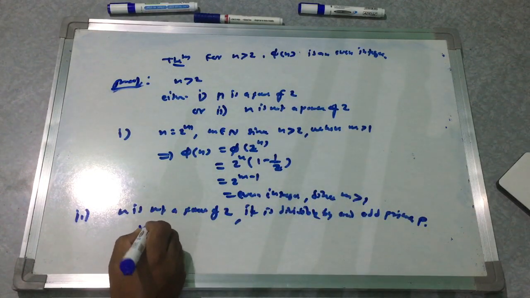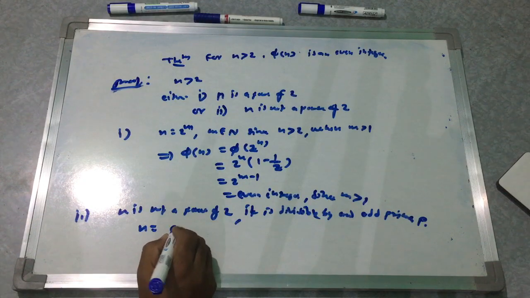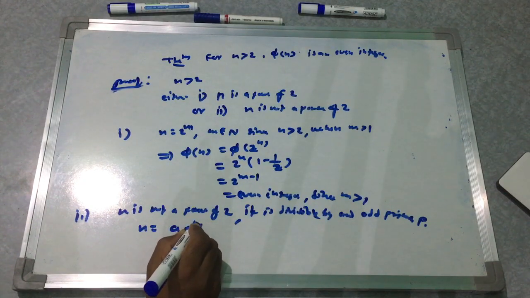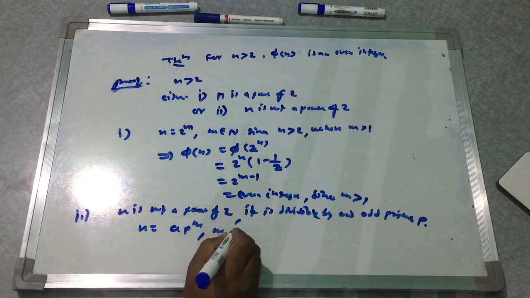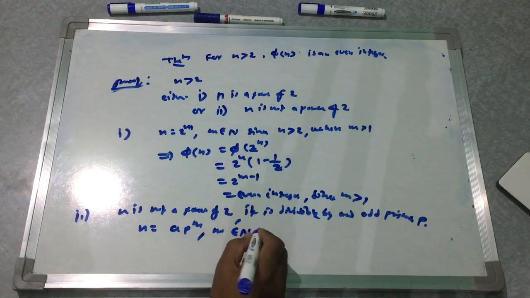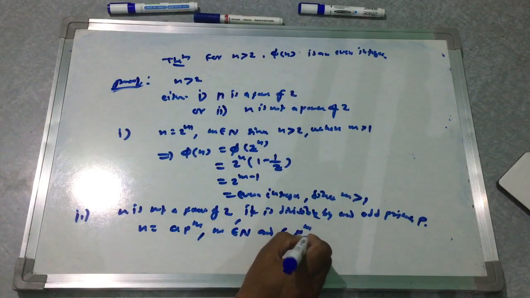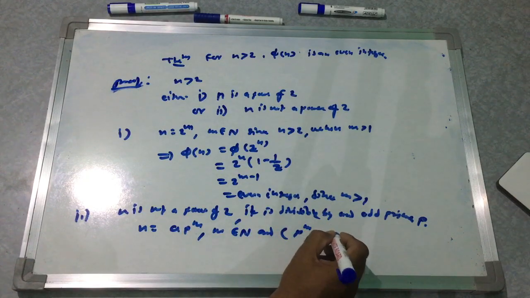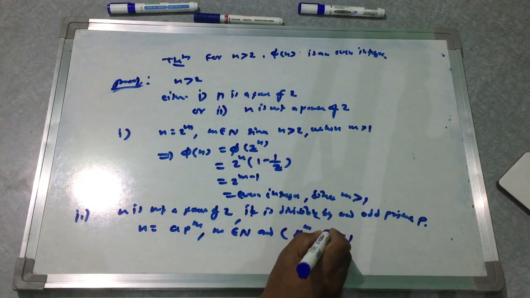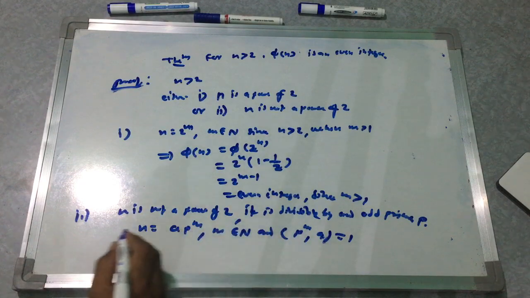So n is equal to a into p to the power m, where m belongs to N, and p to the power m and a are relatively prime.